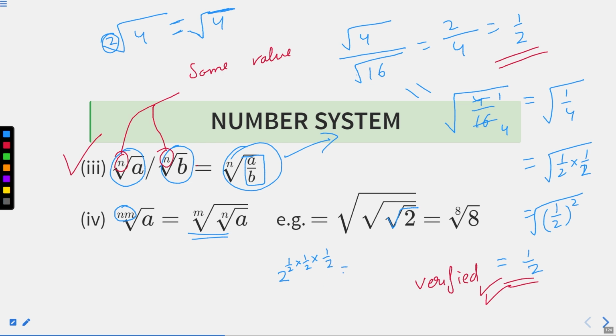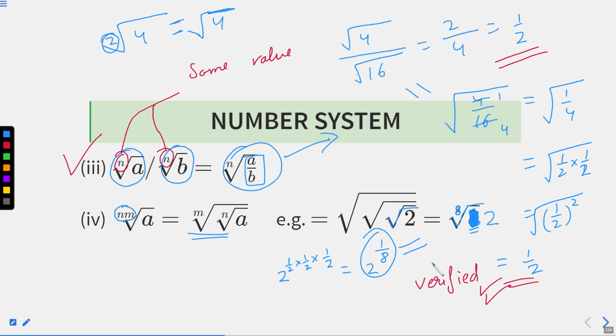So after multiplying, I will get 1 by 8, and this will change into the eighth root of 2.